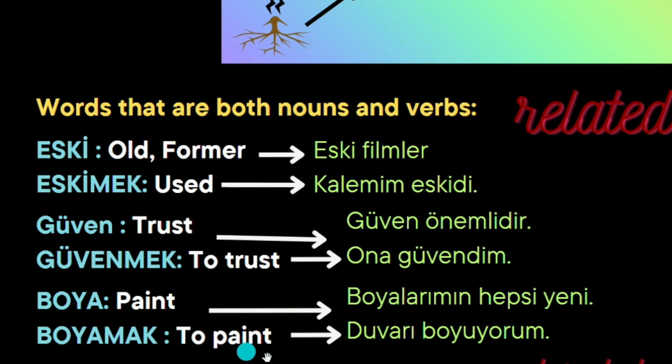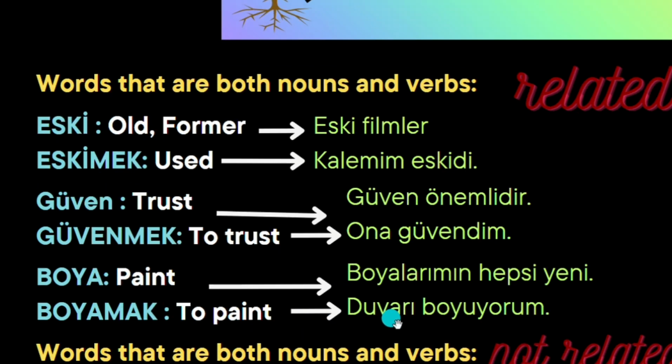And as a verb form, we can use this to paint. For example, duvarı boyuyorum. Duvar means wall. The wall. Duvarı. This is also an important suffix, and we will look at these suffixes afterwards.